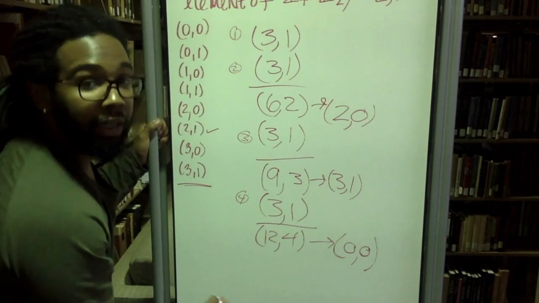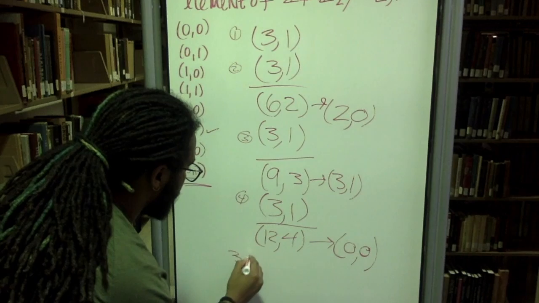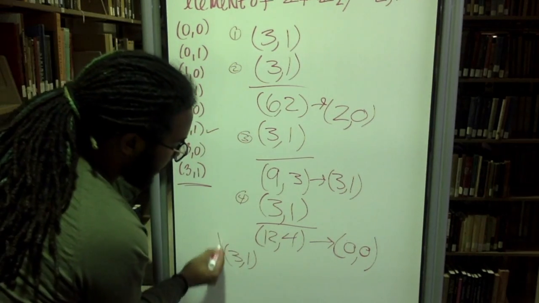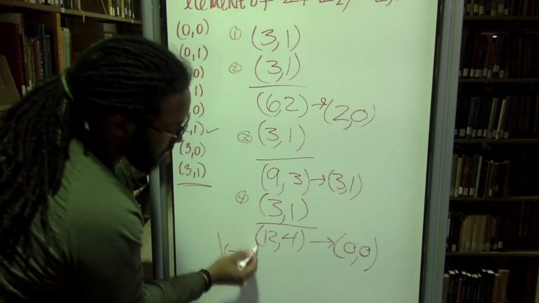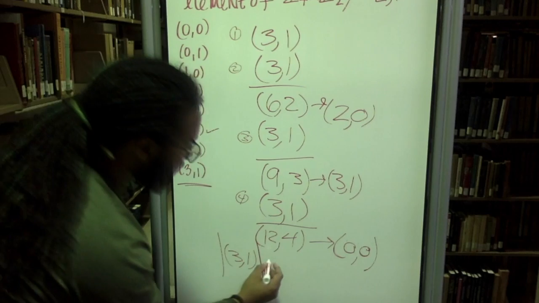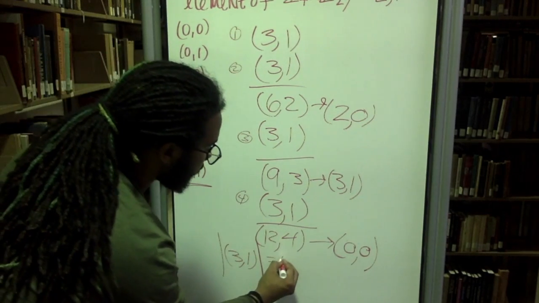We write this as (3, 1) with absolute value signs around it, because this is the element we were dealing with. That's the symbol for order. So we read it as the order of (3, 1) is 4.